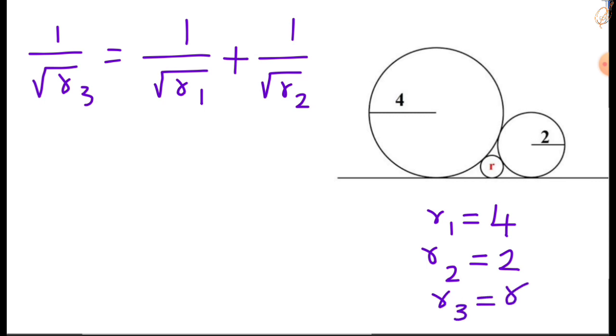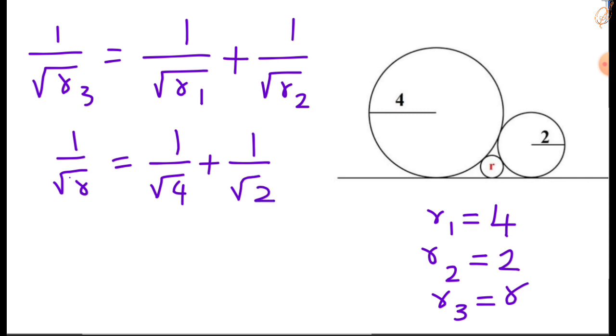So substitute these values in your formula. 1 by square root of R is equal to 1 by square root of 4 plus 1 by square root of 2. We know that square root of 4 is 2, so 1 by root R is equal to 1 by 2 plus 1 by root 2.